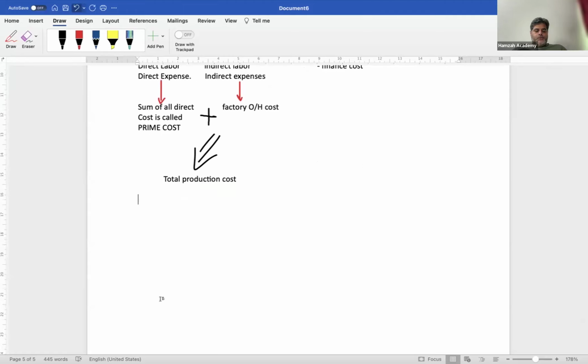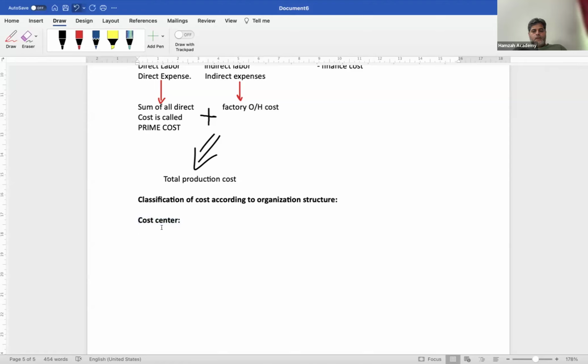The second point is we can also do the classification of cost according to organization structure as well. The first one is the cost center that we have.